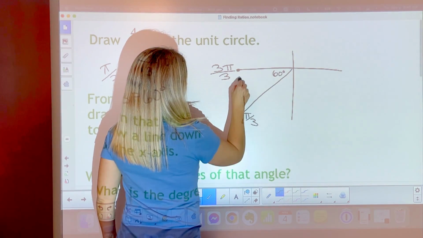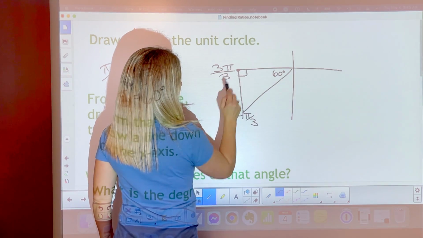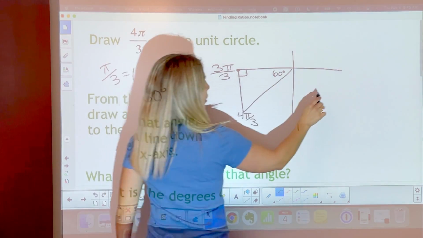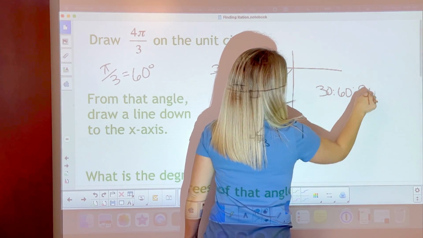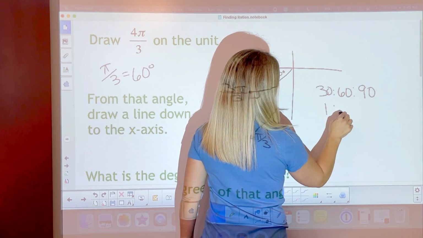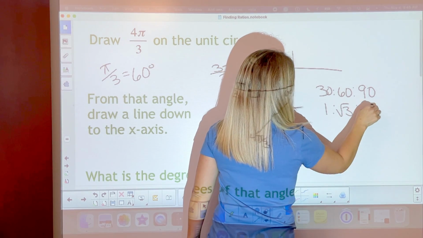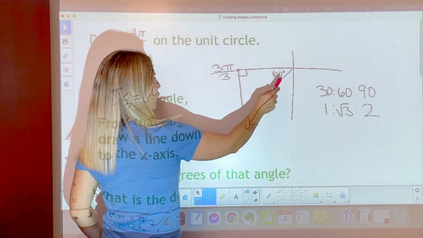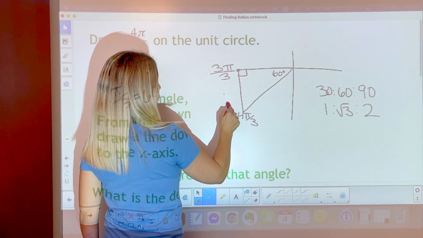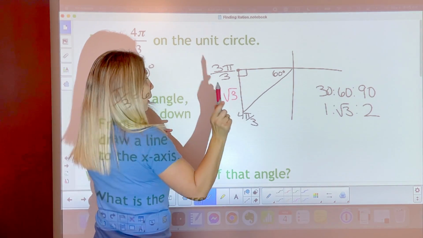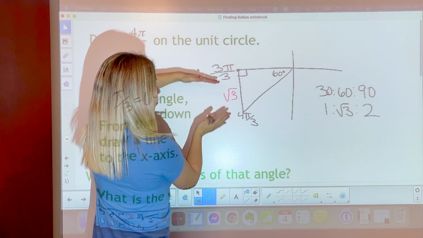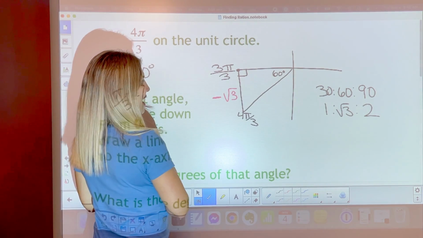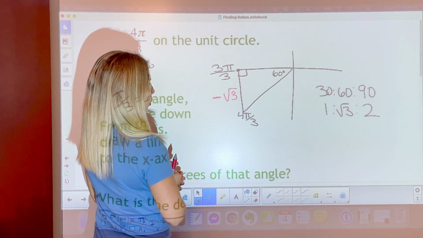I'm going to make my triangle. Here's my right angle. So again, we're using the 30, 60, 90 ratios, which is 1, square root of 3 and 2. Okay, across from the 60 degrees goes our square root of 3. But again, we're below our origin, so our y values are negative, so it's negative square root of 3.